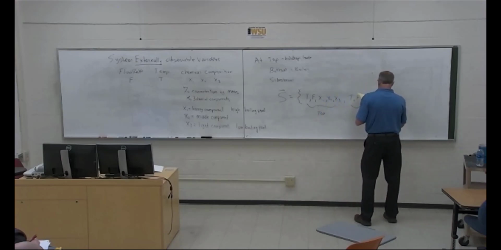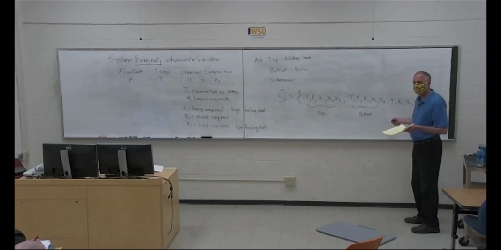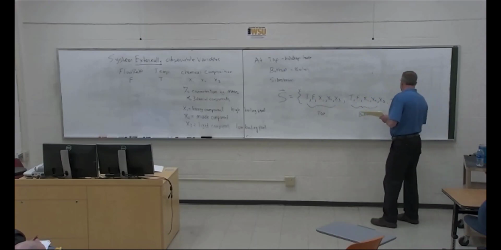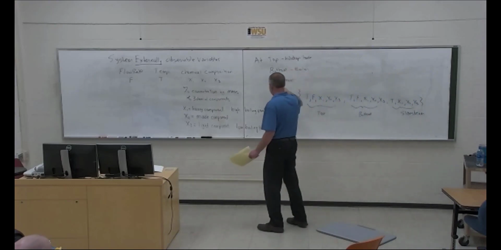And then the temperature, X1, X2, X3 at the side. No feed rate there because you're not feeding. No flow rate, it's just coming out. We didn't measure that. So those variables have 3 different locations.